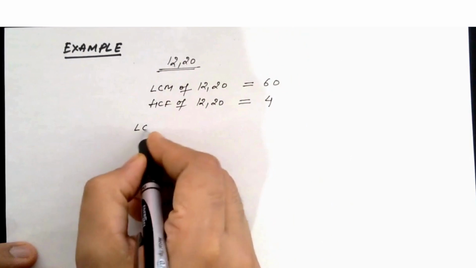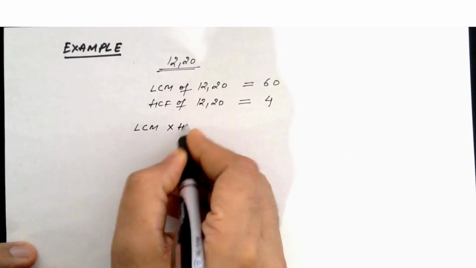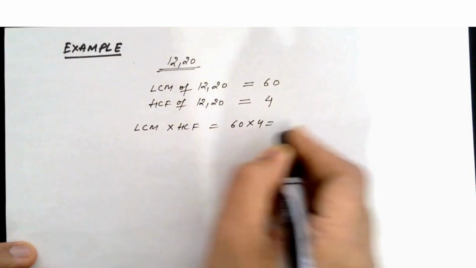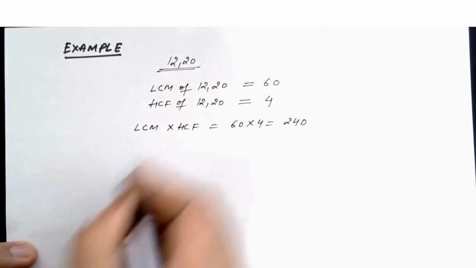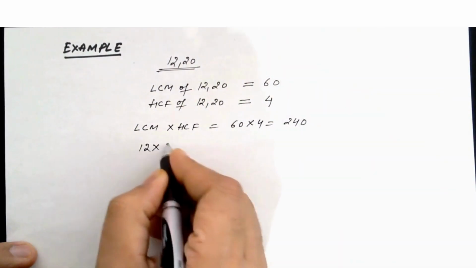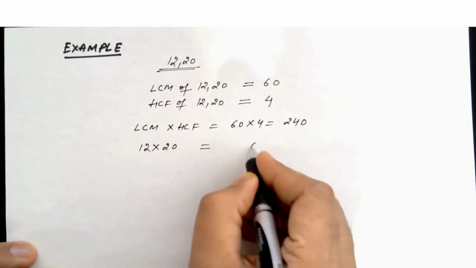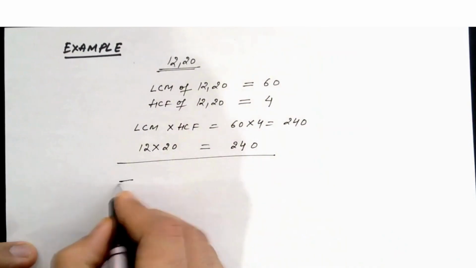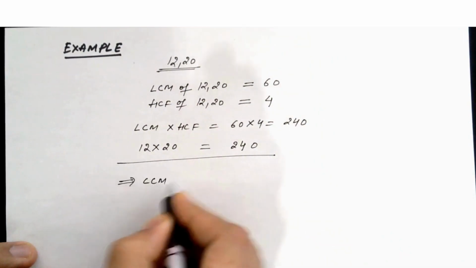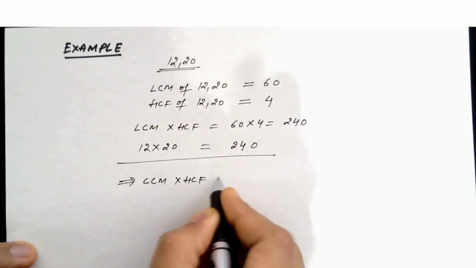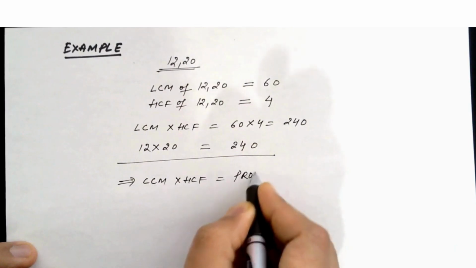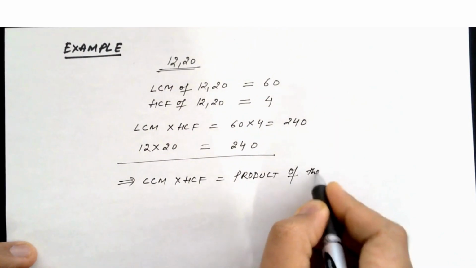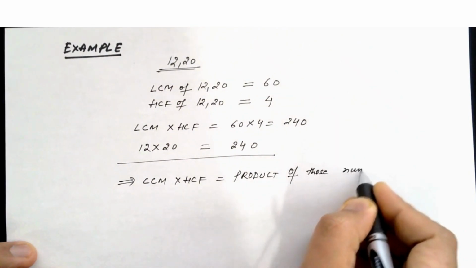So now LCM into HCF, this was 60 into 4, this was 240, and if we multiply these actual numbers, this is again 240. So again this proves our concept that LCM into HCF is the product of those numbers.